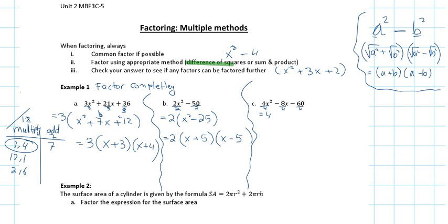My leftovers, binomial or trinomial? Trinomial, so that means I have to think about sum and product. Okay, I'm looking for two numbers that multiply to what and add to what?